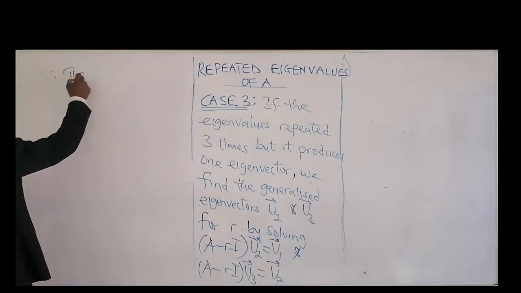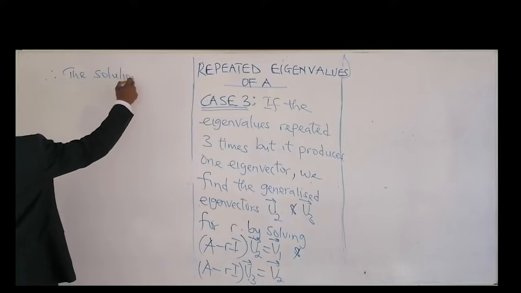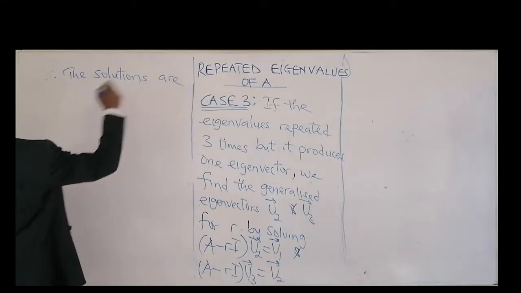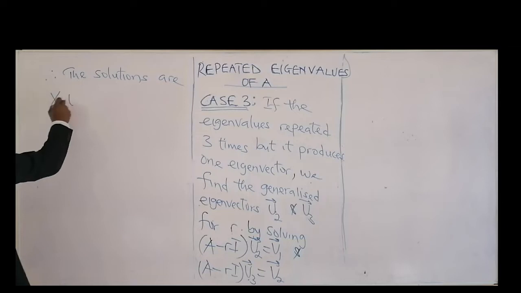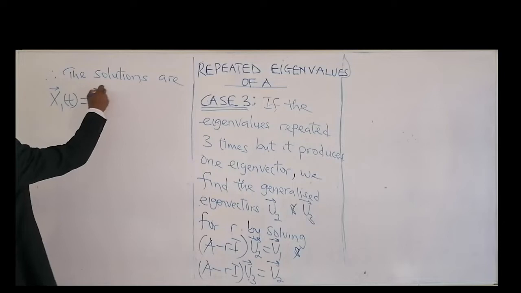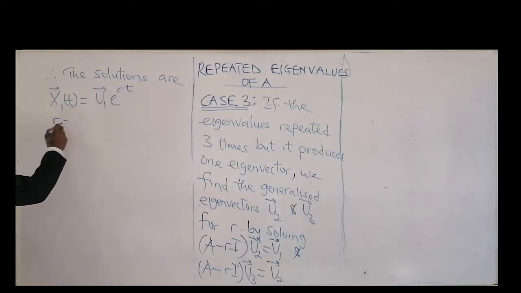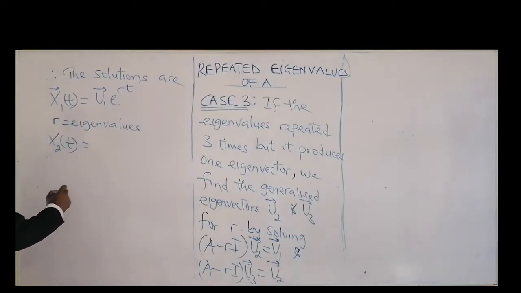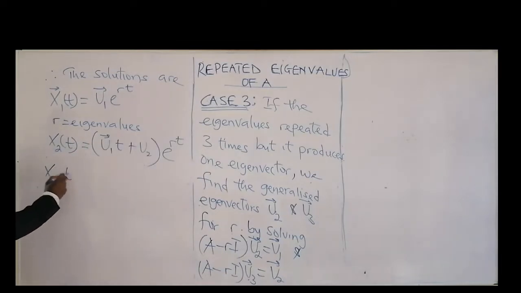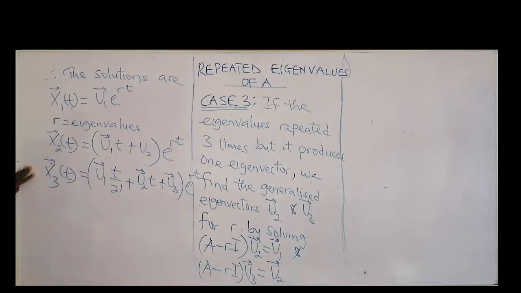The solutions of the system are as follows. The first solution as a function of t will be equal to this, where r is your eigenvalue. The second solution will be this one, and the third solution, these are all vectors, will be equal to this.